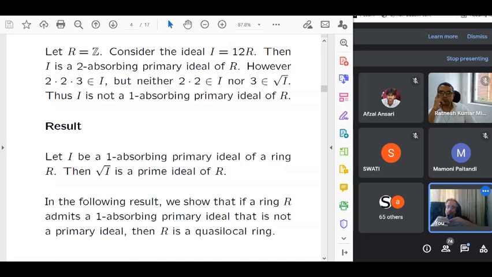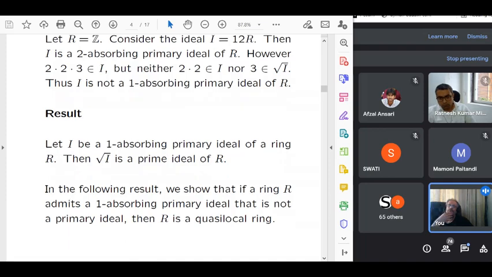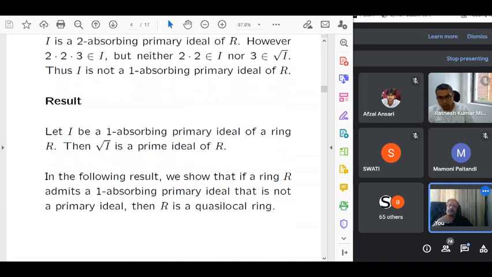Okay, very good. Let me stop for a minute here. What about if I is two absorbing primary? Then the radical of I, I think we proved, will be a two absorbing ideal.